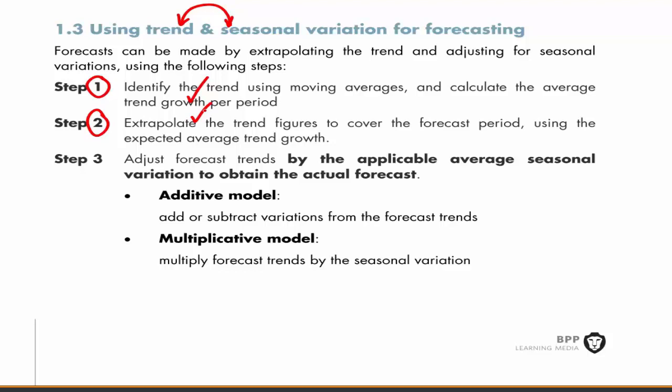And that will allow me to predict what the trend's going to be doing in the future. And then finally, I'm going to adjust the trend either by adding seasonal variation or multiplying by seasonal variation. Now, an exam question, a multiple choice question, is not going to be asking you to do all of those things, but could easily ask you to do any one of them.